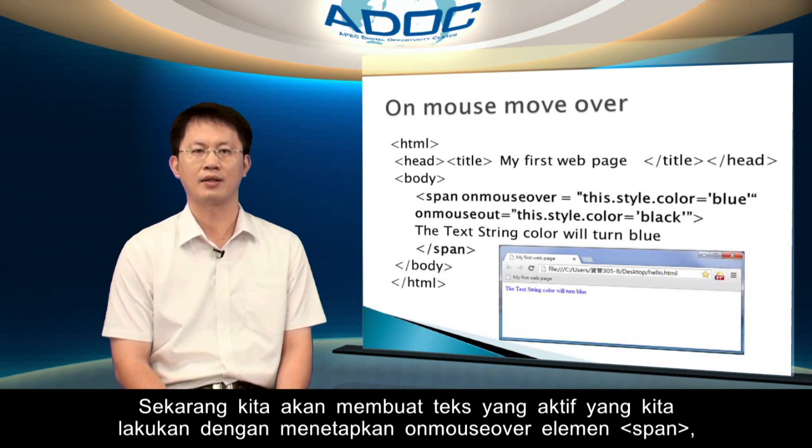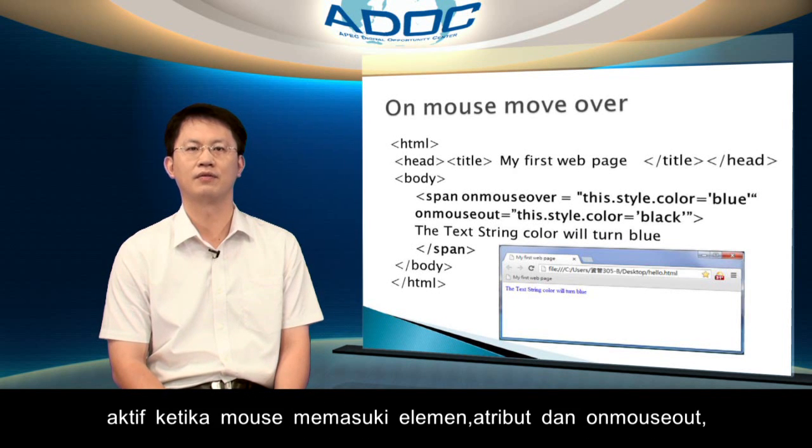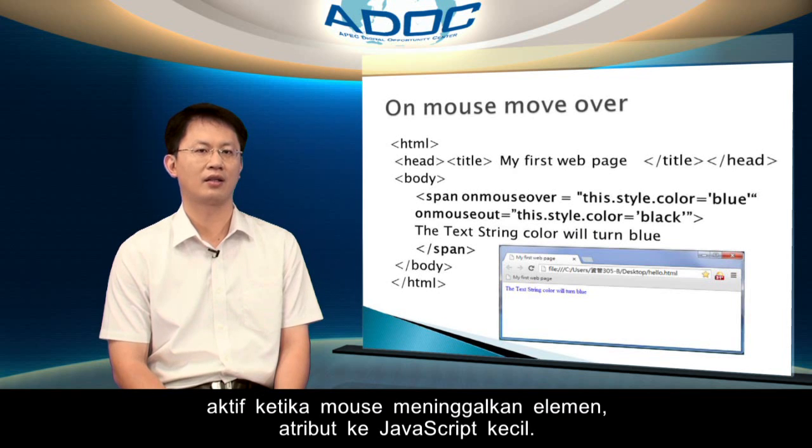Now we will make that text active, which we do by setting the span element's onmouseover attribute, active when the mouse enters the element, and onmouseout, active when the mouse leaves the element. Then a little JavaScript.